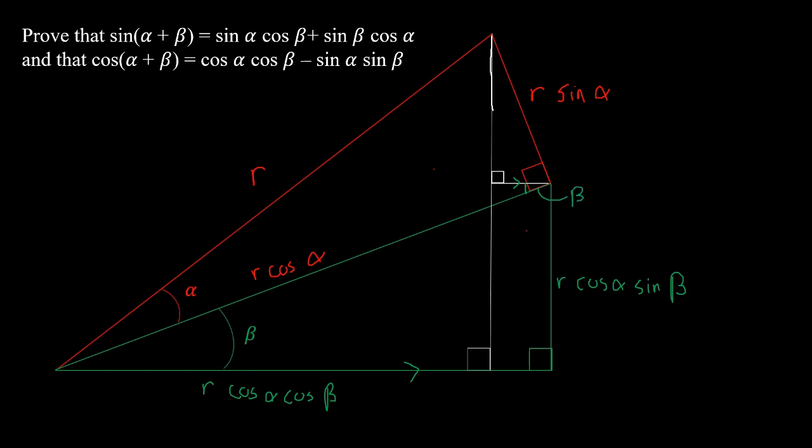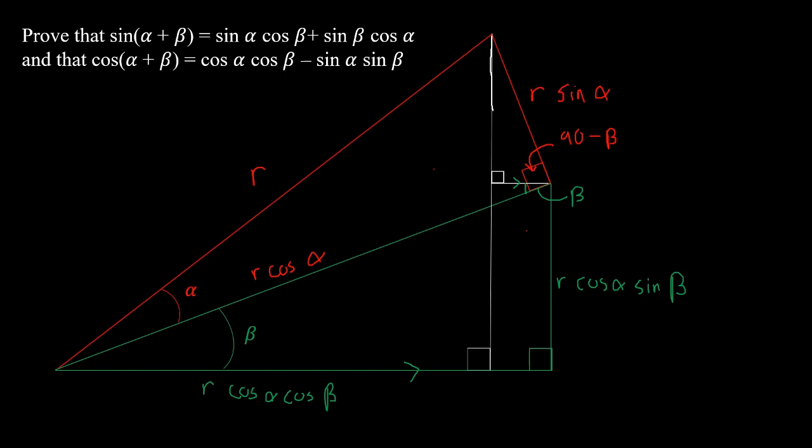In this red triangle, this angle in total is going to be equal to 90 degrees. So this angle that I drew an arrow to is going to have a measurement of 90 minus beta. This makes sense because 90 minus beta plus beta is equal to 90 degrees, which is exactly what we set the triangle up as.